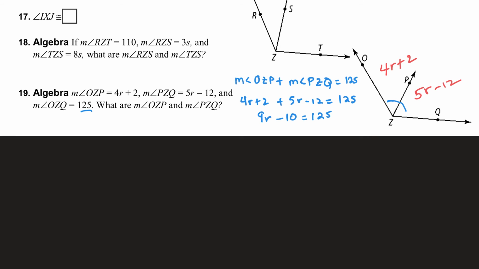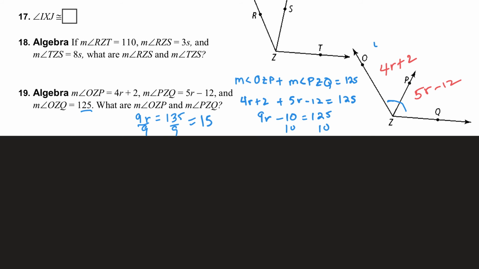You add 10 to both sides. I'm going to have to write it here on the side, I apologize: 9R equals 135, and then divide by 9, and that's going to give you the value of R, which is 15.